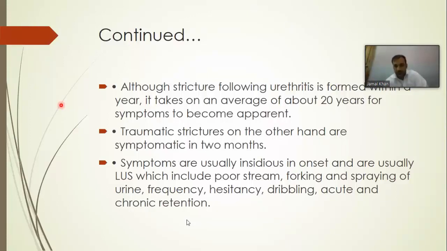Symptoms are usually insidious in onset and are usually lower urinary tract symptoms, which include poor stream, straining, spraying of urine, frequency, and hesitancy, resulting in acute and chronic infection.